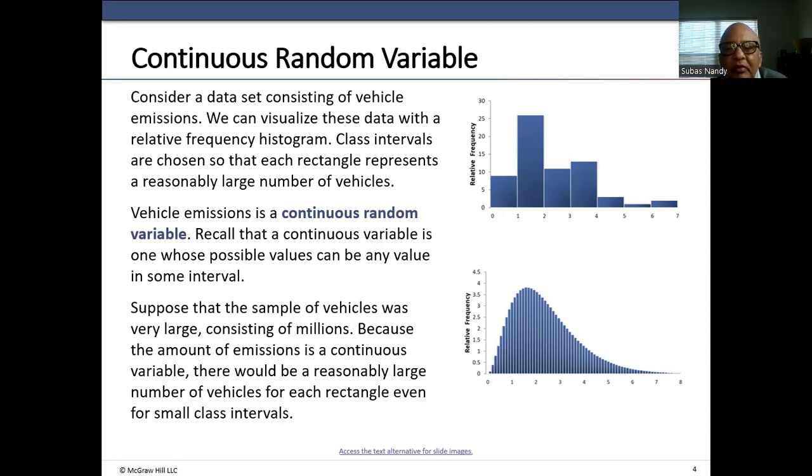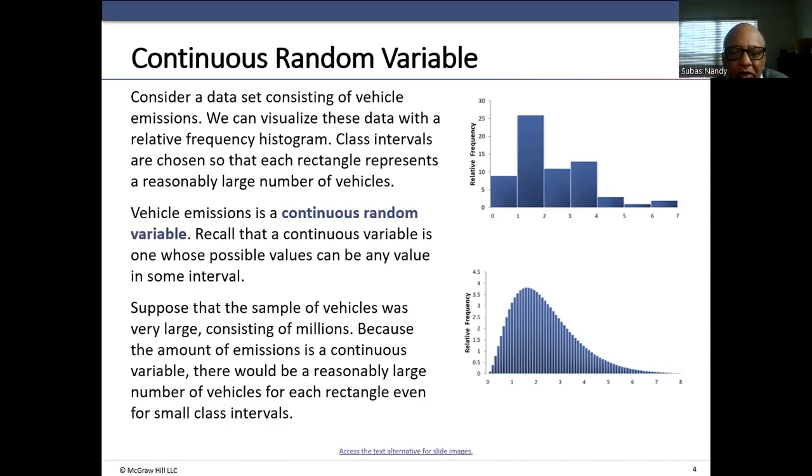The reason the widths have been reduced is because there are millions of vehicles, and even if we reduce the width of the size of a particle in a group, that is the base of each of these rectangles, we will have a large number of particles falling in each group, even with a smaller width. So basically, the width of the rectangles has been reduced by increasing the number of groups of sizes.